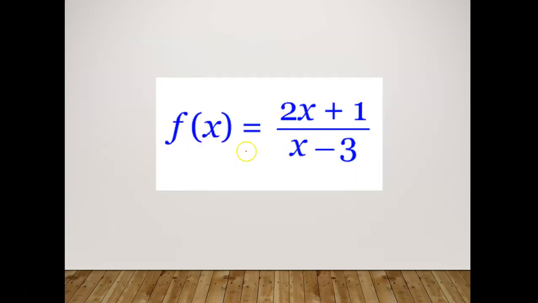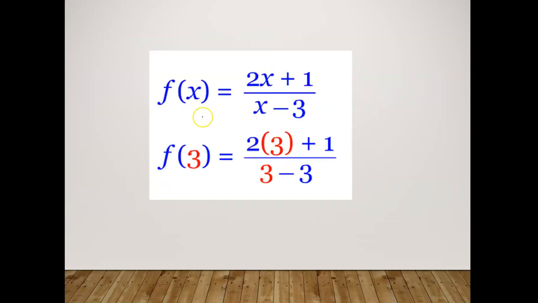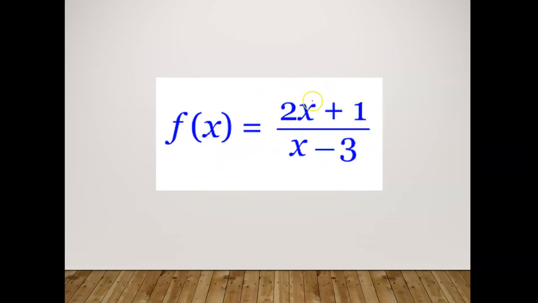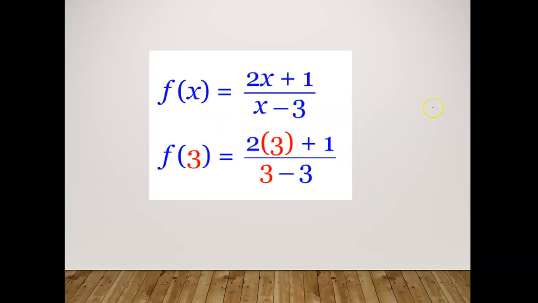Okay, for example, we would like to find, if you look at here, (2x + 1) over (x - 3). Before we find the limit itself, from the function itself, we know that x cannot be 3. Your x can be any number except 3.